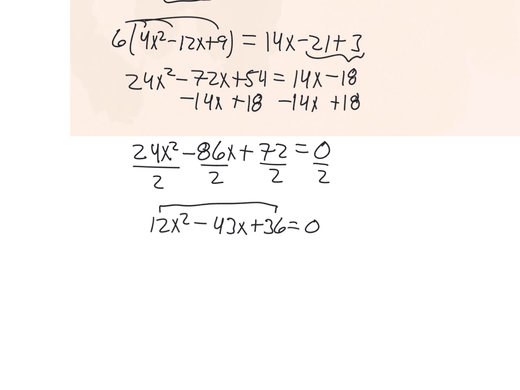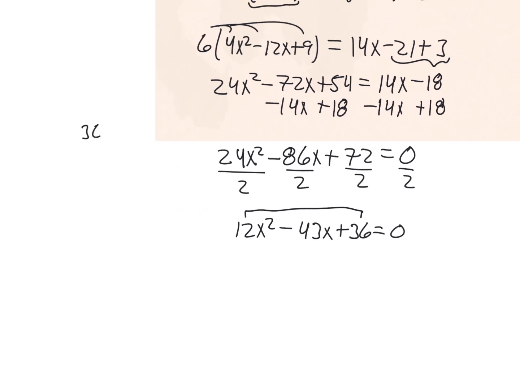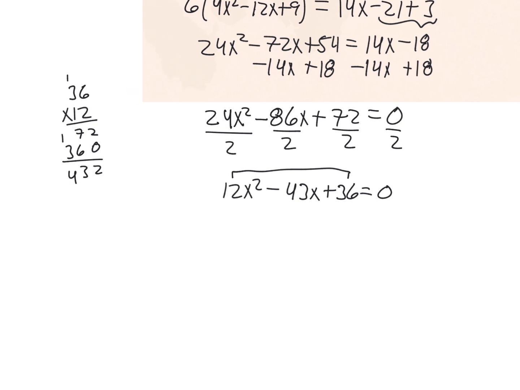We can do that off to the side if we need to. Why don't I do that with you guys, 36 times 12, is going to get me 432. So I need factors of 432 that add to negative 43.